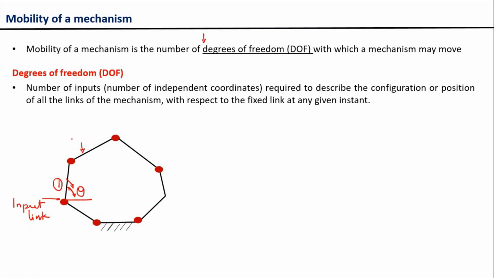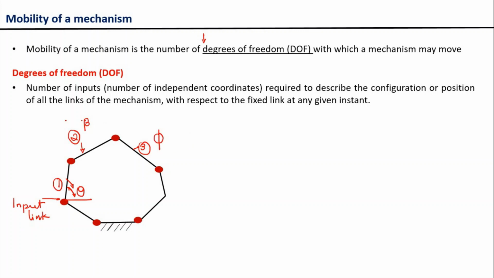Now let us consider this link as link 2. When the input link rotates through an angle theta, link 2, let us assume, rotates through a certain angle beta. In the same way, let's assume this link as link 3, and let us again assume that link 3 rotates through a certain angle phi.